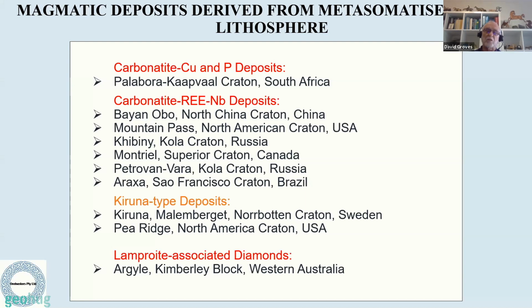I put that in orange because I've got no images. When you try and find cross sections and so on of this, they're all extremely boring for some reason. And just briefly, lamproite associated diamonds.